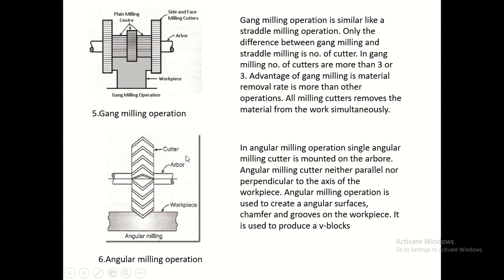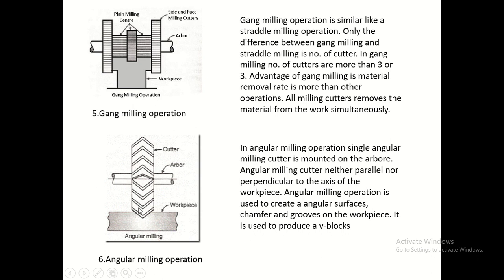Angular milling operation. In angular milling, a single angular milling cutter is mounted on the arbor, and this is the workpiece. The angular milling cutter is neither perpendicular nor parallel to the axis of the workpiece.